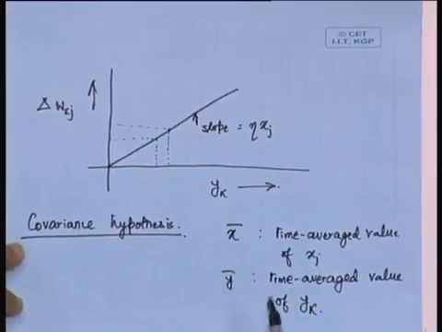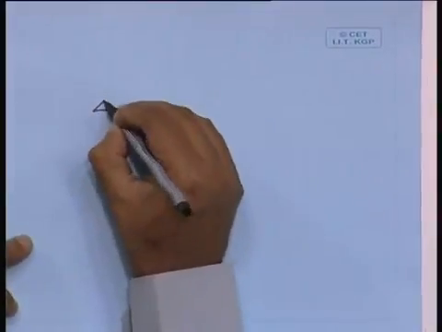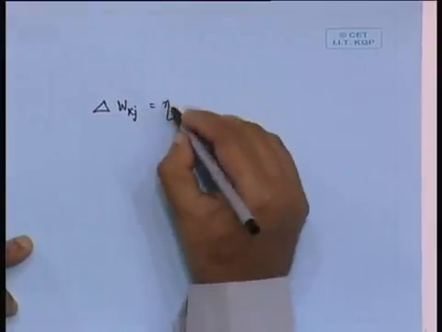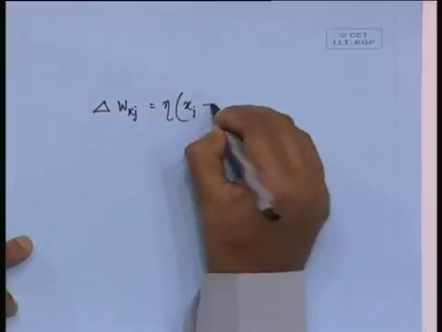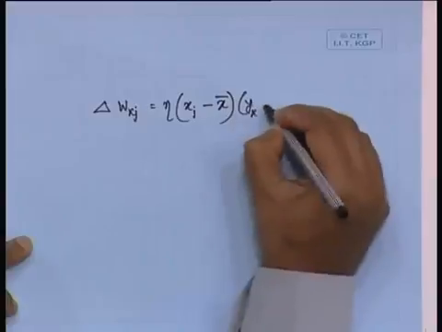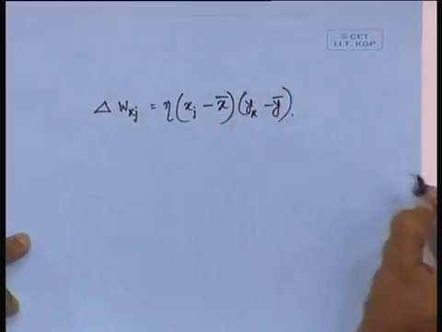So, we can then write the covariance hypothesis as delta Wkj equal to eta (Xj minus X bar)(Yk minus Y bar).